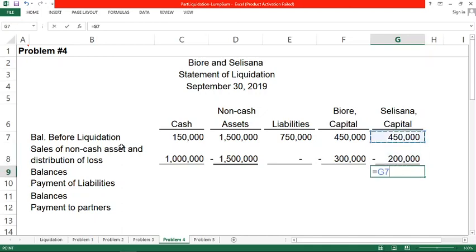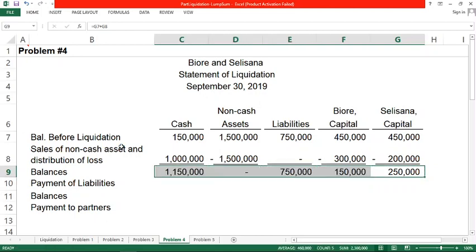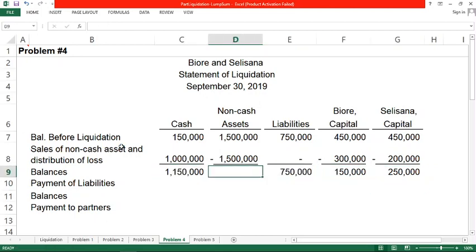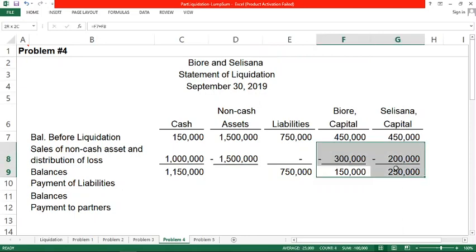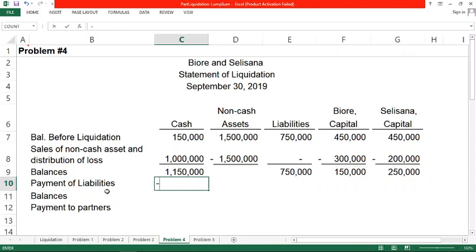So after that, the balances are the following. So far, so good, because the balances of Biore and Celisana are still positive. So if that's the case, let us proceed to the next step, that is payment of liabilities. Therefore, we no longer have liabilities.